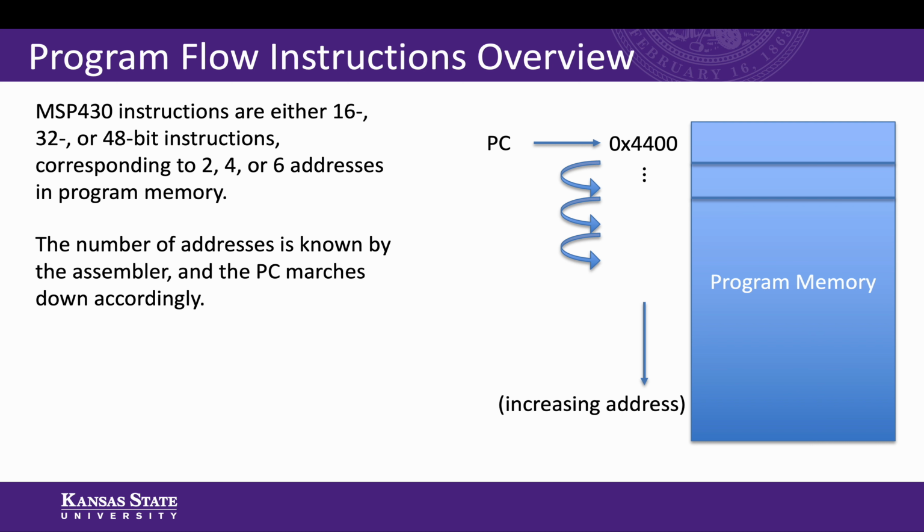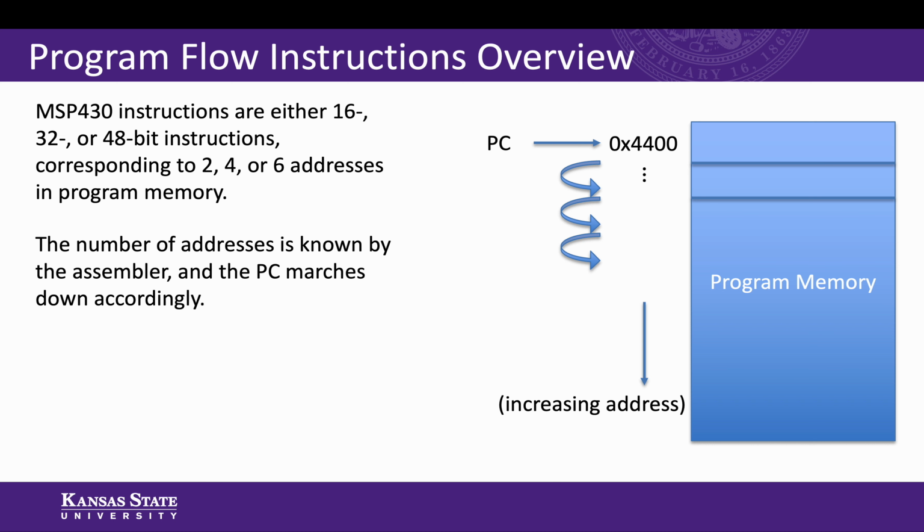Under normal operation, that is operation with only movement instructions and data manipulation instructions, instructions are assembled and packed within program memory one after another. The program counter starts at 4400 and just marches down in the figure, that is, actually increasing its address. So the program counter is just sitting there marching away into program memory.